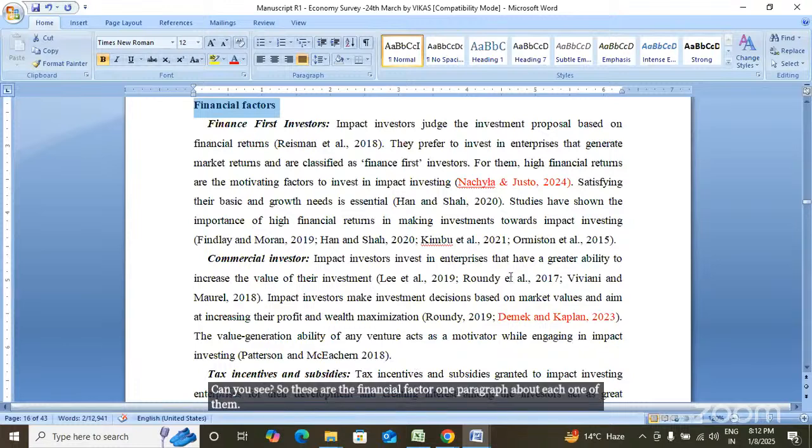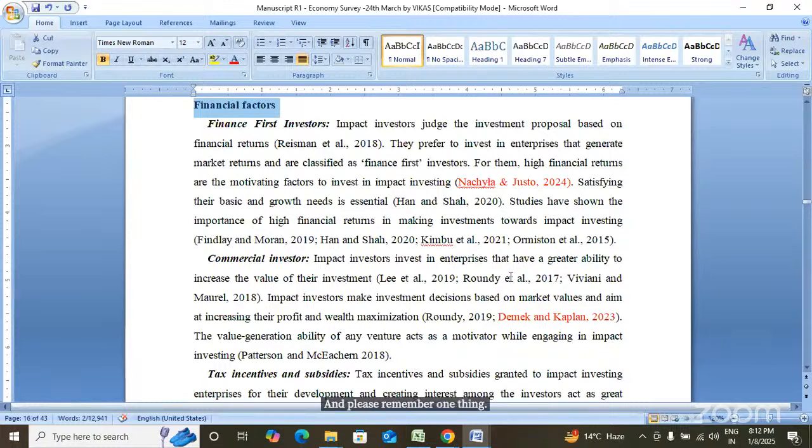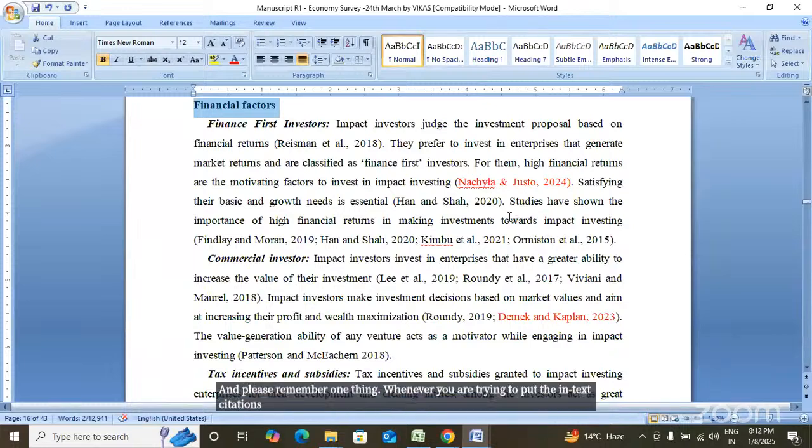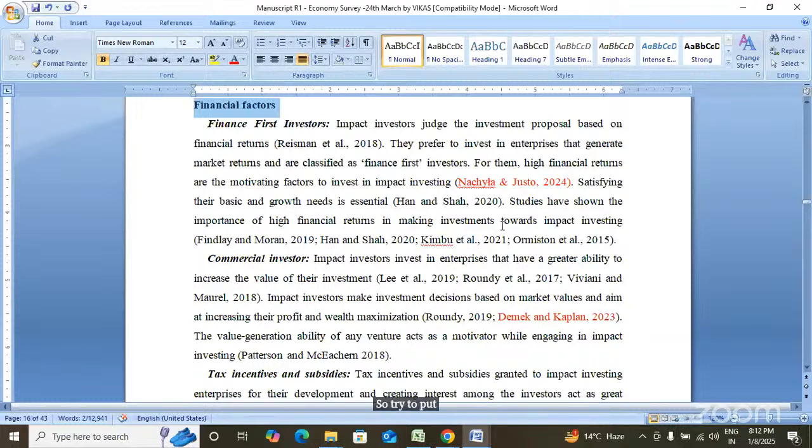And please remember one thing, whenever you are trying to put in-text citations, right? So let me tell you, this is 2025 going on. So try to put maximum new citations, let's say from 2020 till 2025.